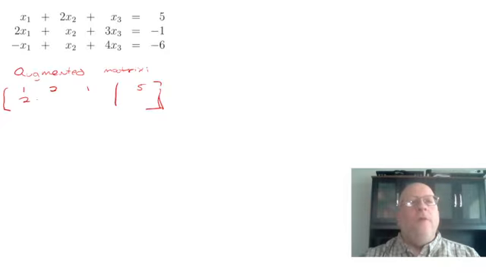Then the next row is 2, 1, 3, and then -1 is the constant term. And then -1, 1, 4, and then -6 is the constant term. And our goal is to put this in echelon form.